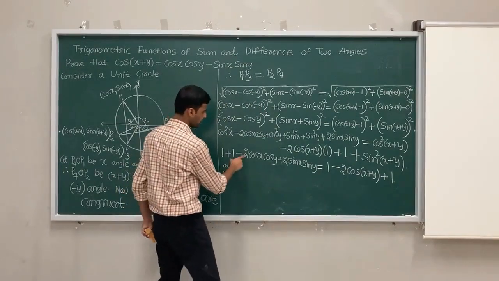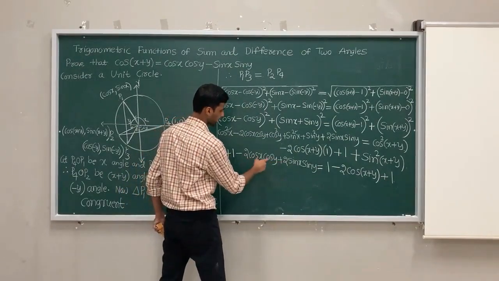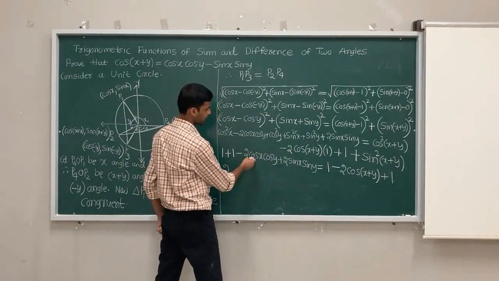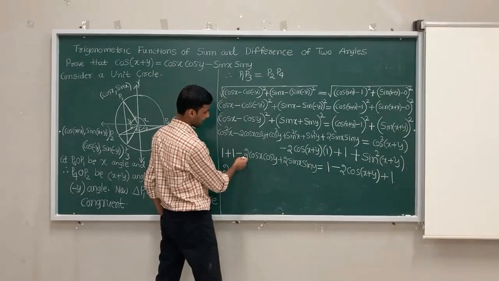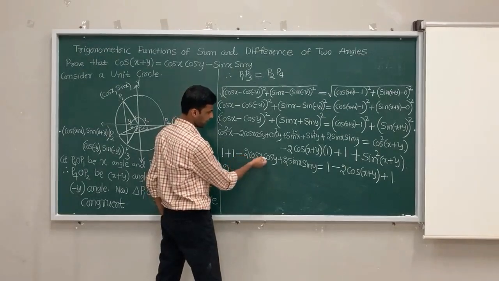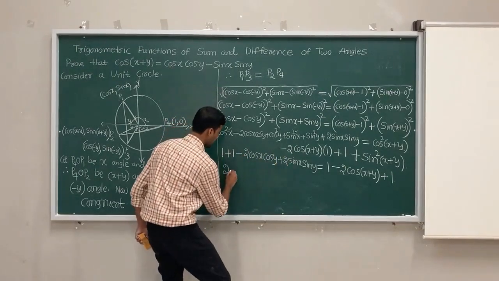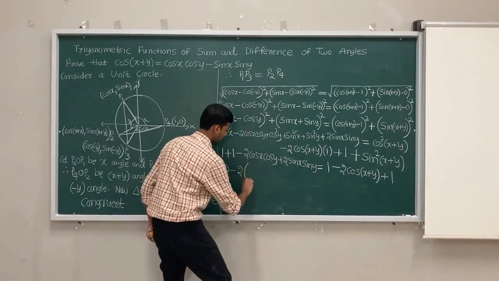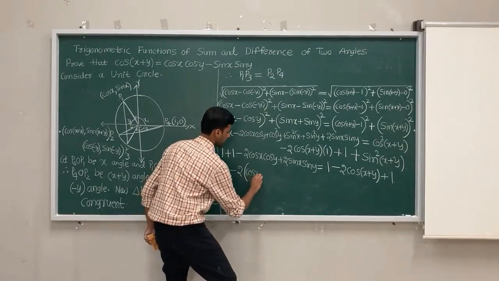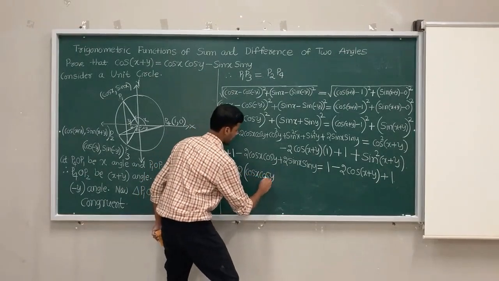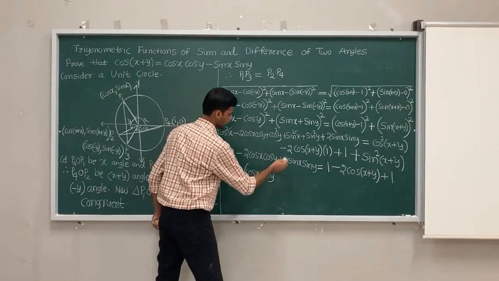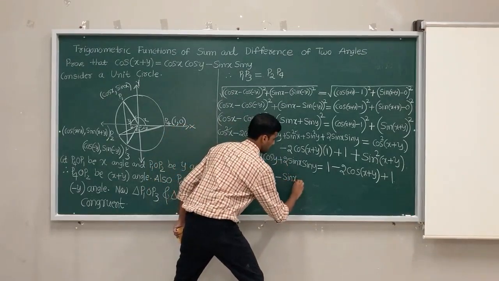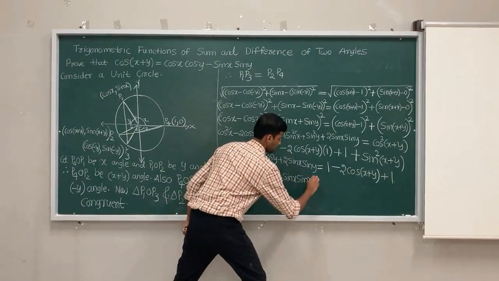Now minus 2 cos x cos y plus 2 sin x sin y. So I can say here you have minus 2, here you have plus 2. What I will do, I will take minus 2 common from these two expressions. When you take minus 2 common, you are left with cos x cos y. As you have taken minus 2 out, what is left? Minus sin x sin y.